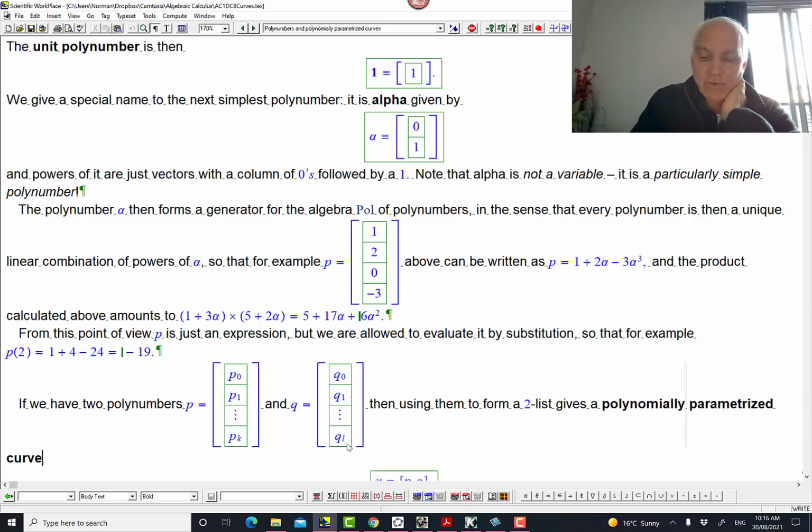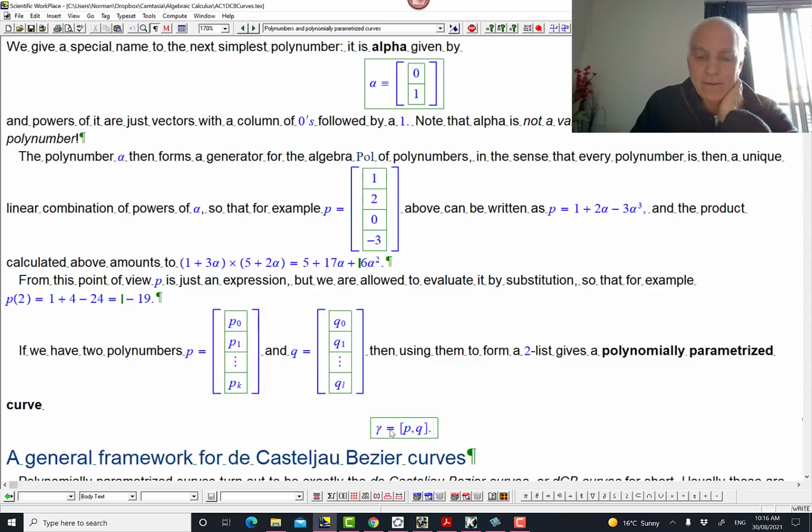Then we can put them into a list, gamma. So gamma is this list, P comma Q. It's a list of two polynumbers. And that's what a polynomially parametrized curve is. So a curve for us in this context is just a list of two polynumbers.